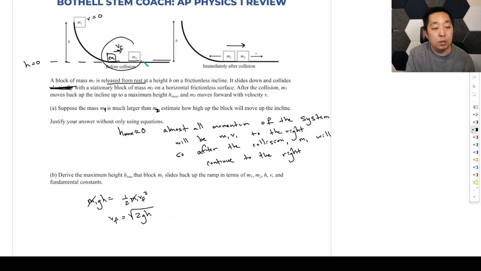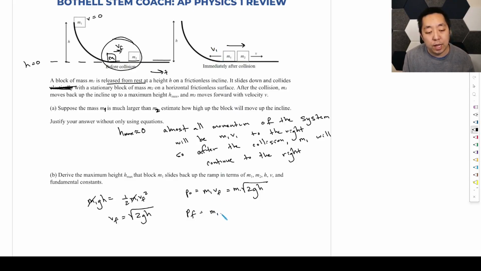Okay, then we're going to do conservation of momentum. The initial momentum, if we say right is the positive direction, is m1 vf, with m2 sitting at rest here, so it's just m1 square root of 2gh. And the final momentum: because right is positive, the velocity of m1 going up the left will be negative.